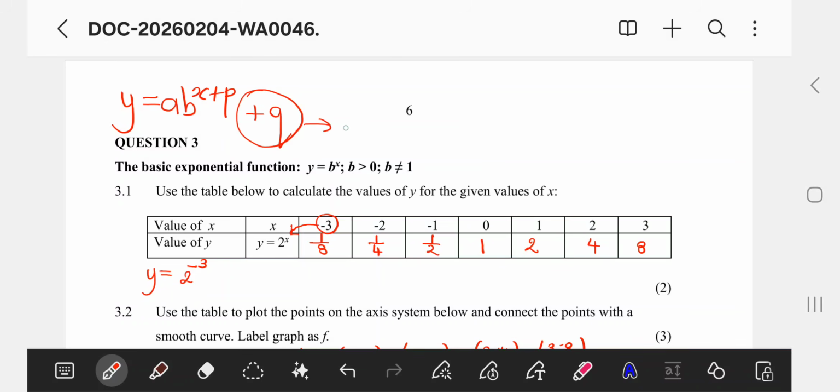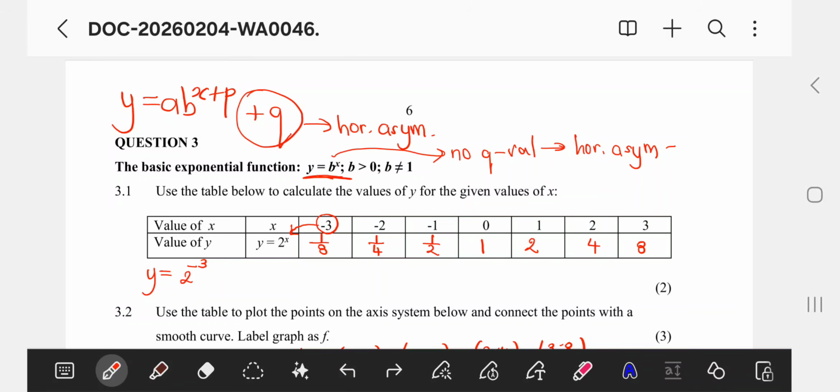But that q value is responsible for being the horizontal asymptote. However, if you look at the equation given, there is no q value. So please remember, if there is no q value, that means that the horizontal asymptote is equal to 0.